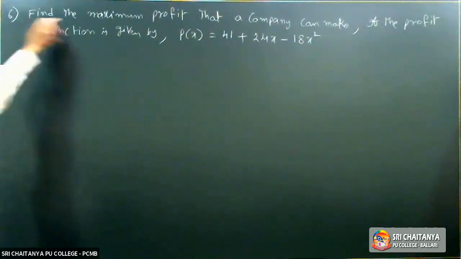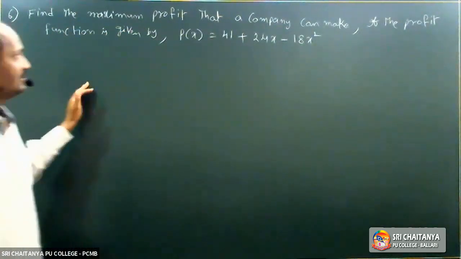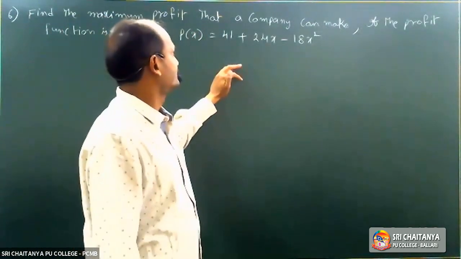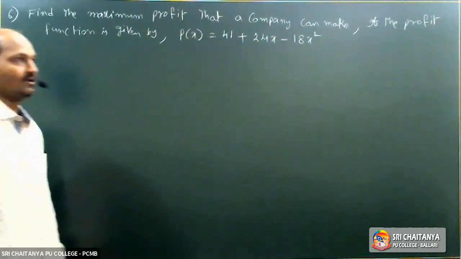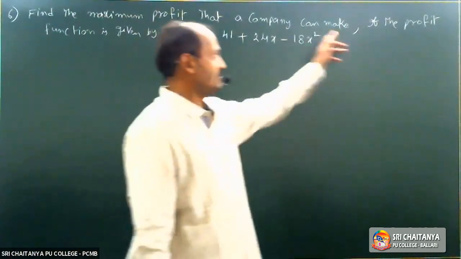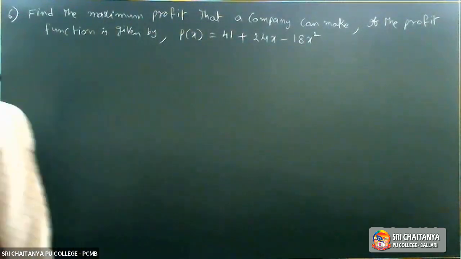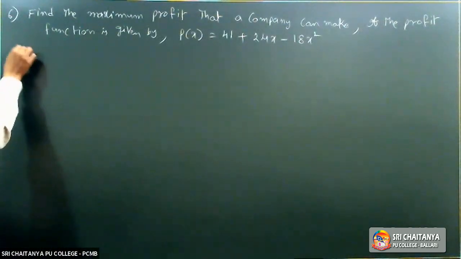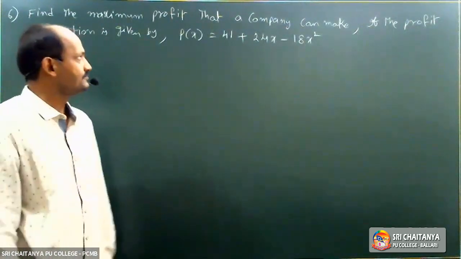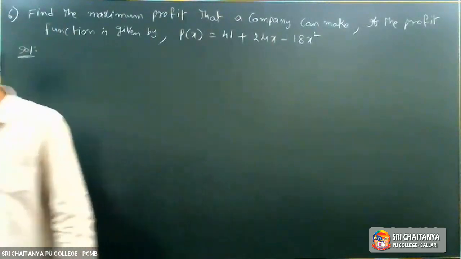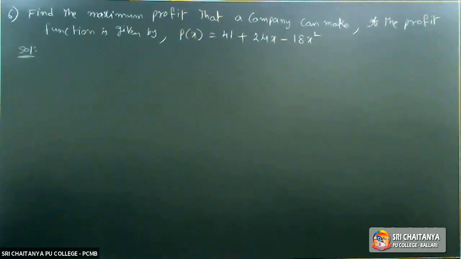Find the maximum profit that a company can make if the profit function is given by P of x is equal to 41 plus 24x minus 18x square.